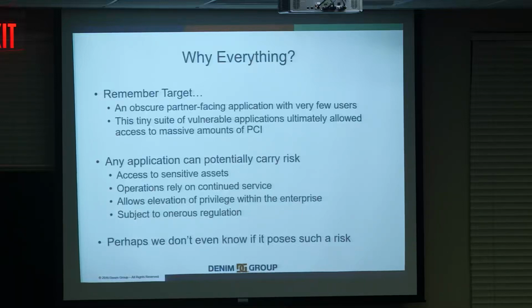But they failed to account for several things when they made that decision. They didn't account for access to sensitive assets, and they also didn't take into account if it allows elevation of privilege within the enterprise. So they didn't consider all the factors that go into the decision about whether or not they should apply some security scrutiny to this thing before using it in the wild.